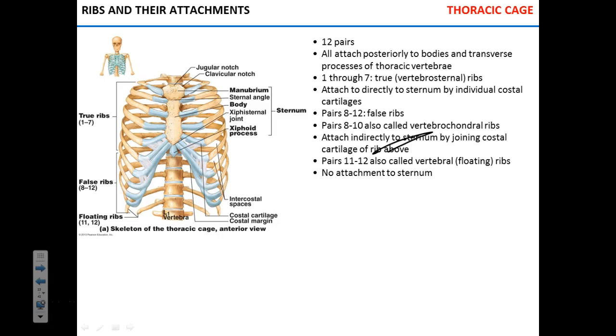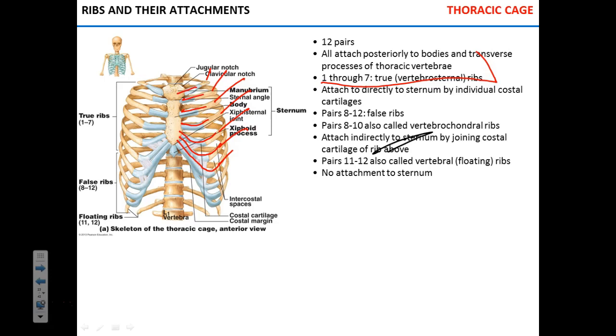So, 1, 2, 3, 4, 5, 6, 7. They're called true ribs. If you look at all those ribs, they directly articulate with the sternum via the costal cartilage.